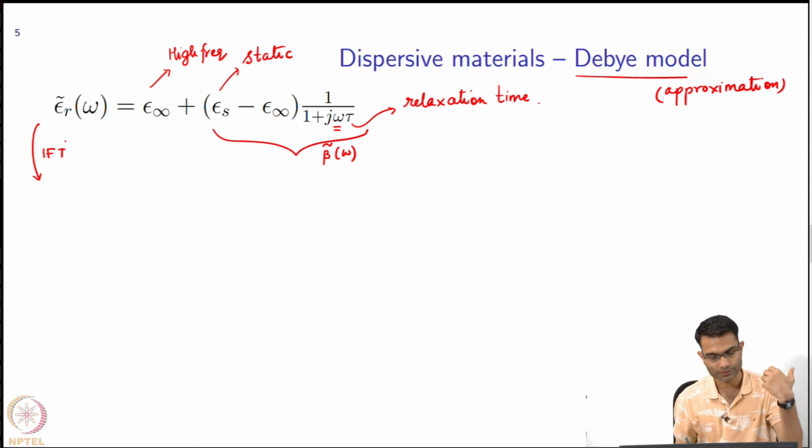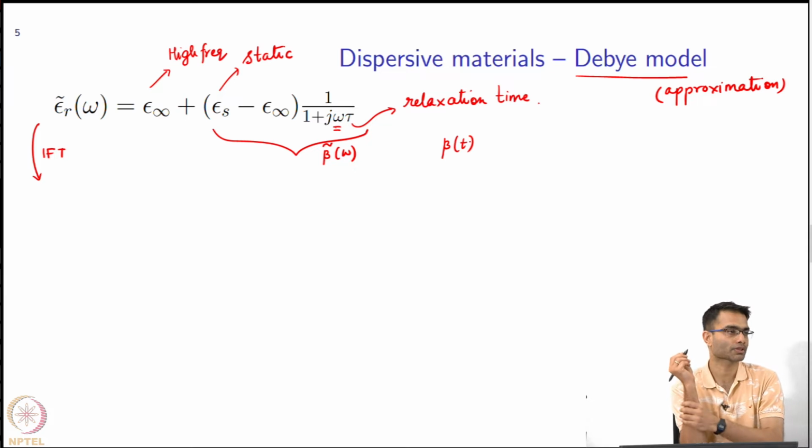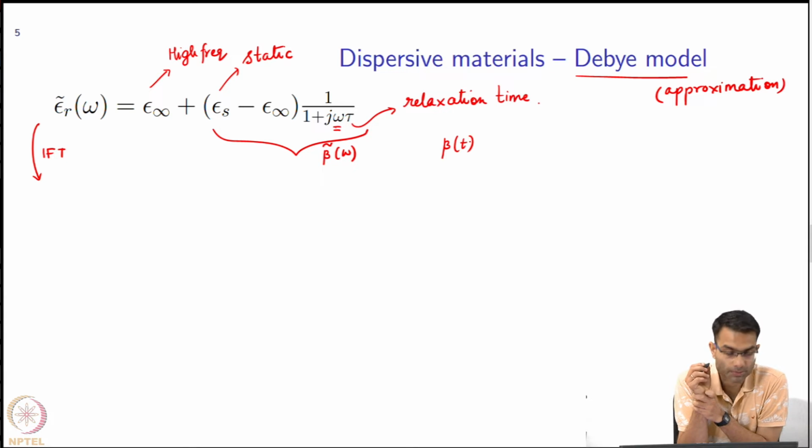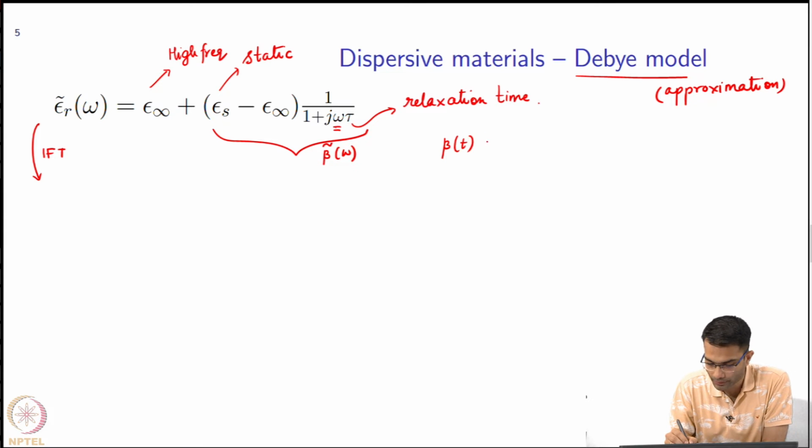If I want to take the inverse Fourier transform of this, let us look at it part by part. What is the inverse Fourier transform of this beta tilde? Does it look familiar? 1 upon 1 plus j omega tau. It is a decaying exponential. This constant epsilon infinity will carry forward.